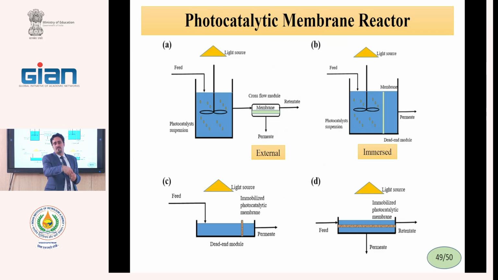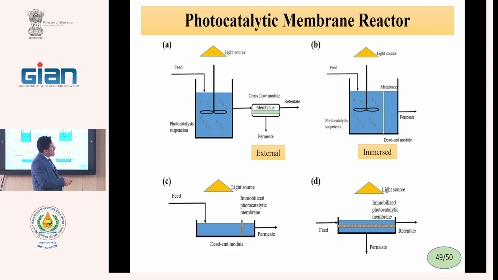In the immersed case, we use vacuum suction for separation. Mostly MF and UF membranes are used for separation of the catalyst. In some cases, we can immobilize the photocatalyst on the membrane surface, but with immobilization, the surface area of the catalyst is reduced and the efficiency of the process is reduced.